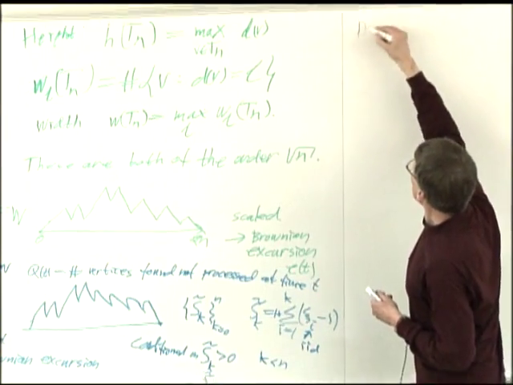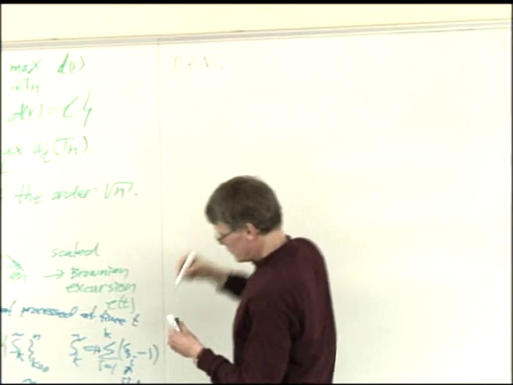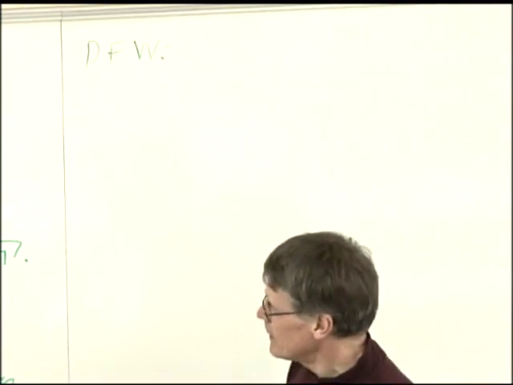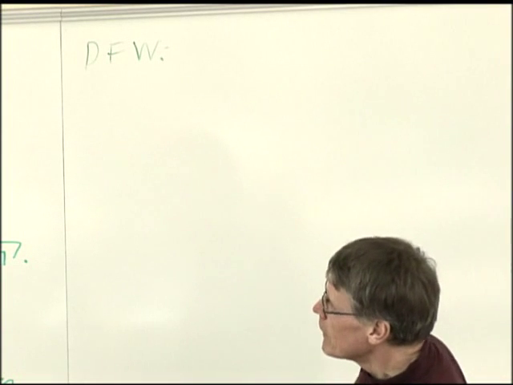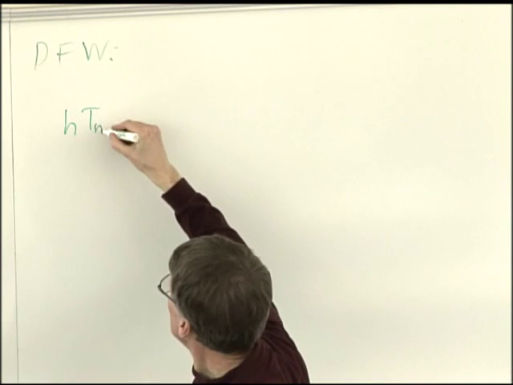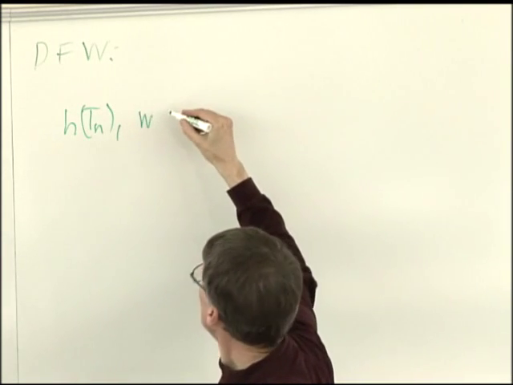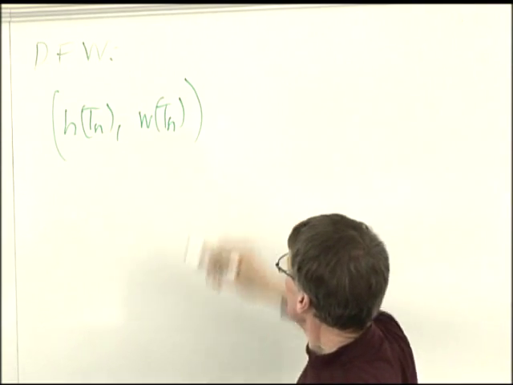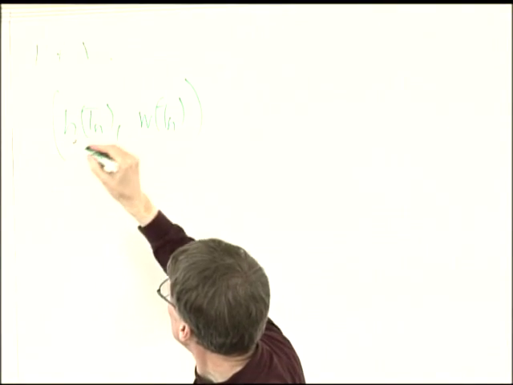So depth first walk, that one. This leads to that if we take the height T_n and the width T_n joint distribution, and we scale, so we divide both by root n.